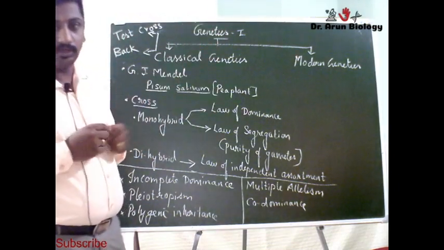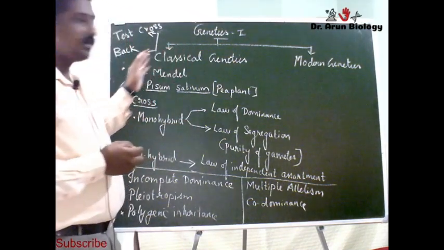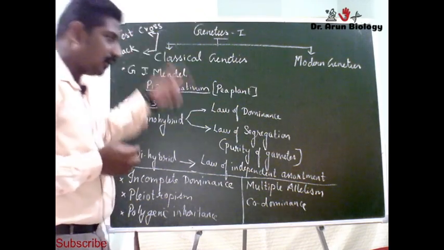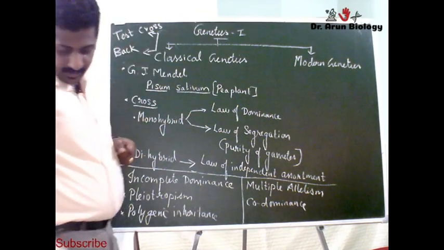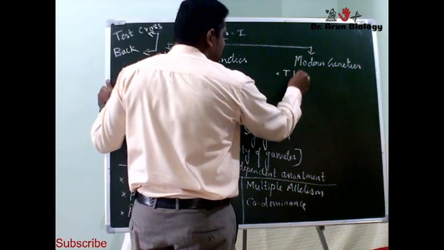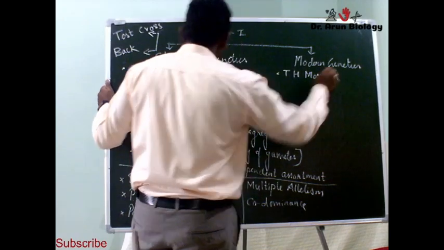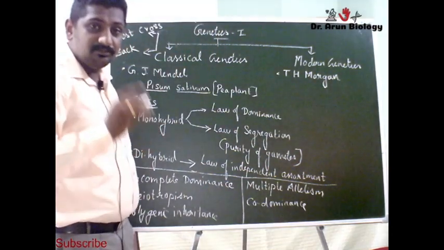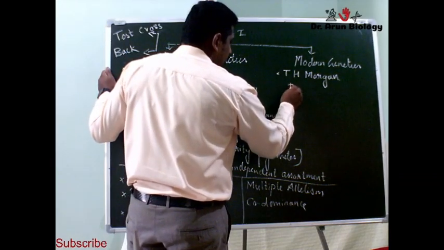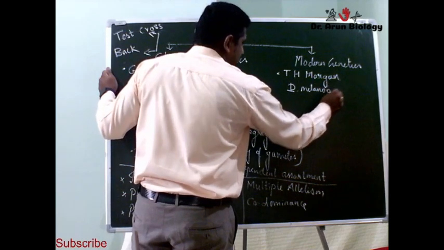So what are we going to learn in modern genetics? In modern genetics, the father of genetics is Gregor Johann Mendel, and the father of modern genetics is T.H. Morgan, Thomas Hunt Morgan. He was working with a simple fly called fruit fly, Drosophila melanogaster.